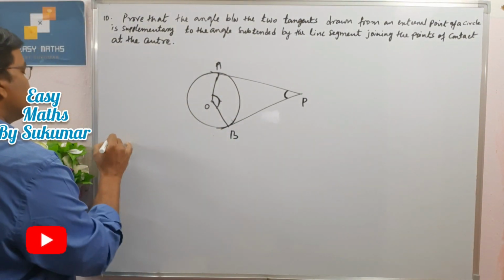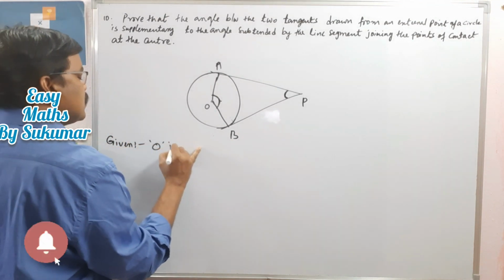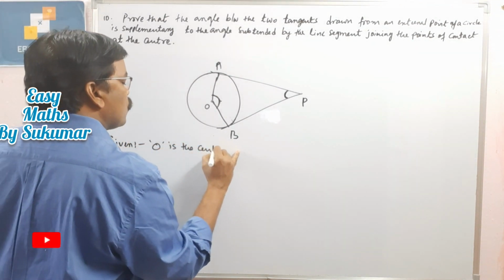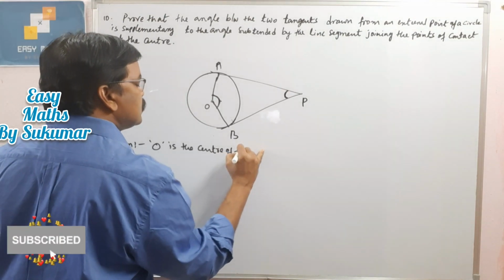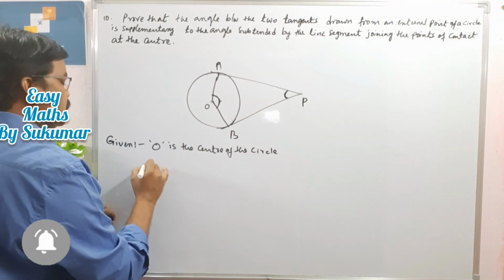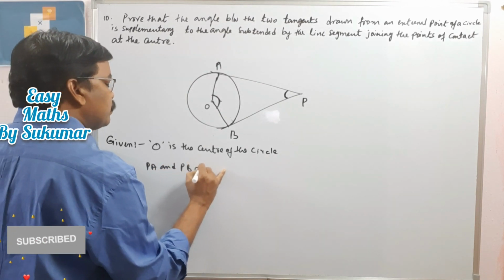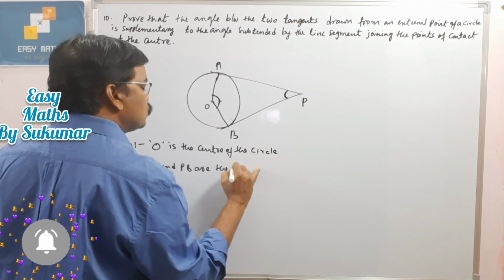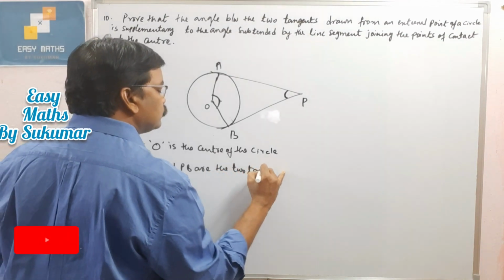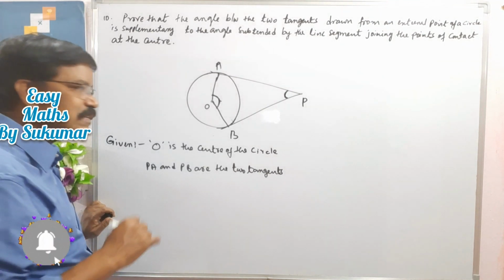Okay. See, my dear students, here what is given? O is the center of the circle. And what are the tangents here? PA and PB are the two tangents drawn from the external point of a circle.